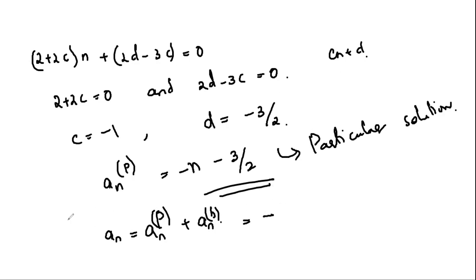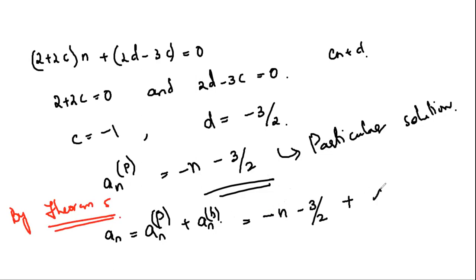The first thing that I did, the first step. Now, by theorem 5, we will write the entire thing: minus n minus 3 by 2 plus alpha into 3 power n, where alpha is a constant.